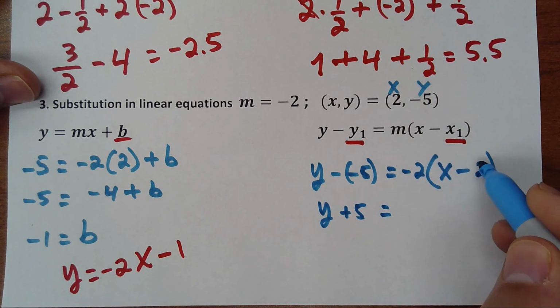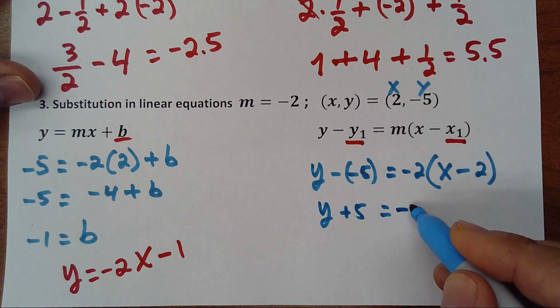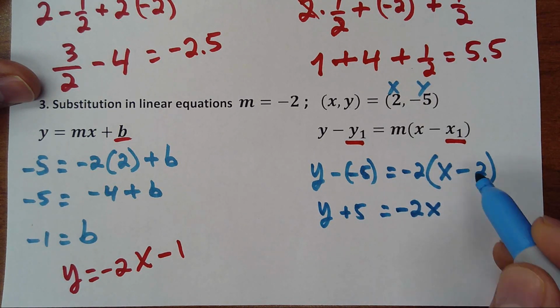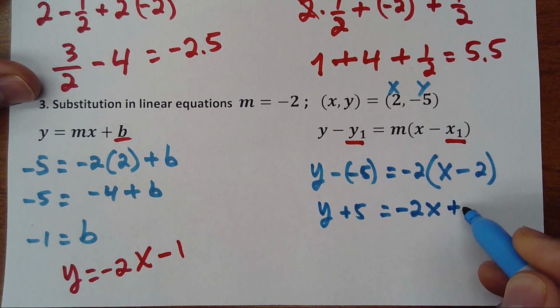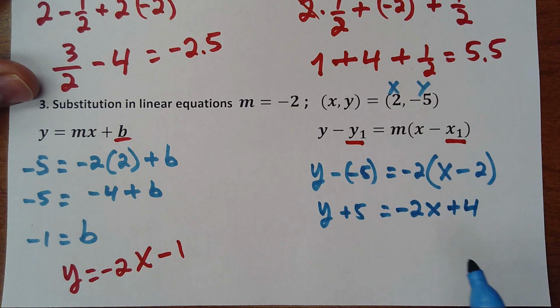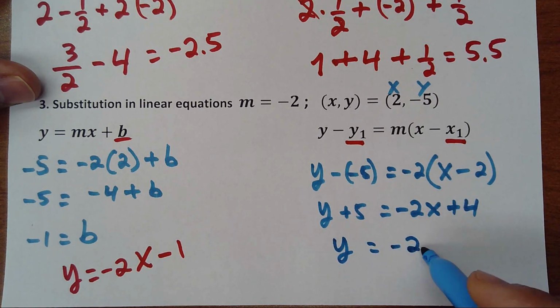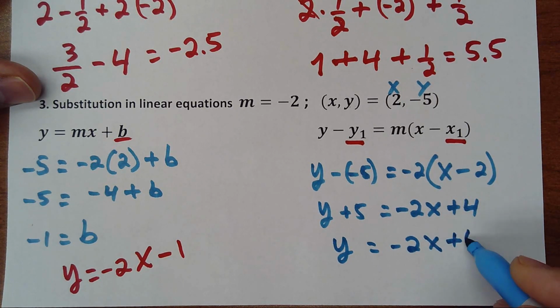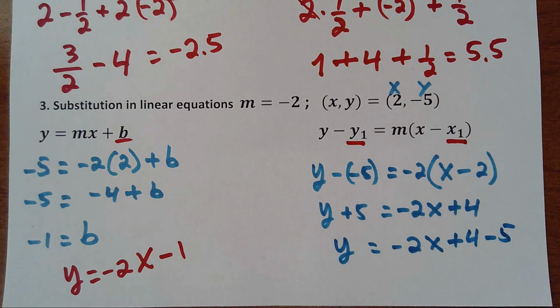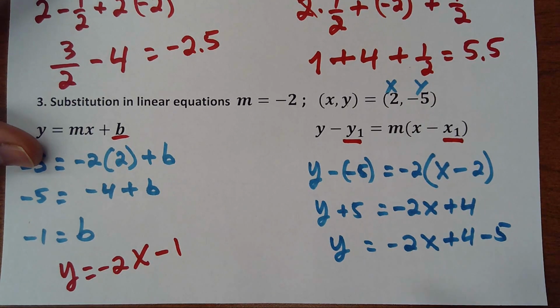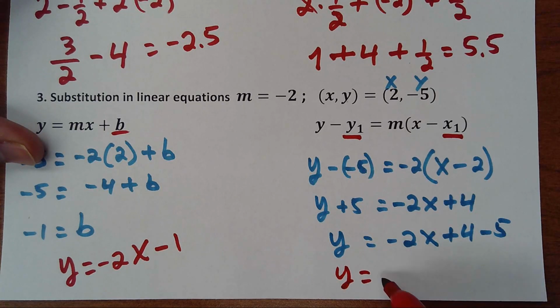We use the distributive property, -2 times x is -2x, and minus sign minus is plus 4. Now the next step is this 5 here positive. I will subtract 5 on both sides, so it goes negative over here. y equals -2x plus 4 minus 5. And in the last step, 4 minus 5 is -1. That would be y equals -2x minus 1.